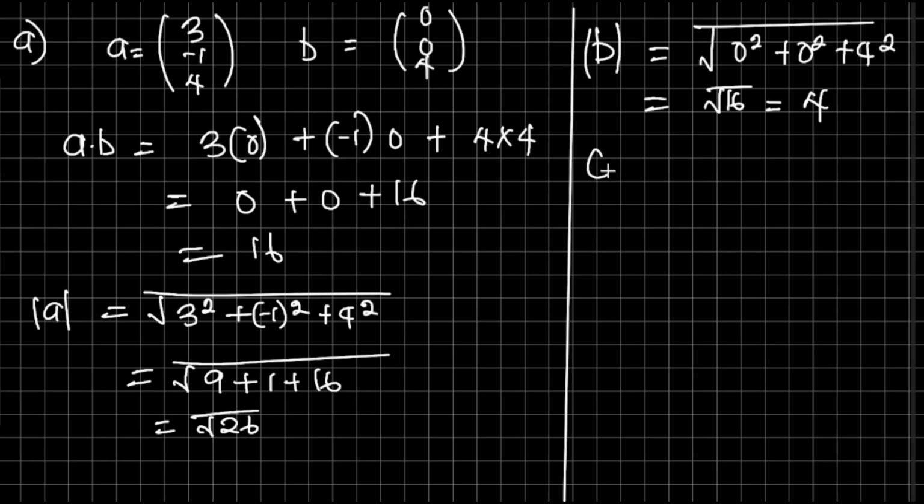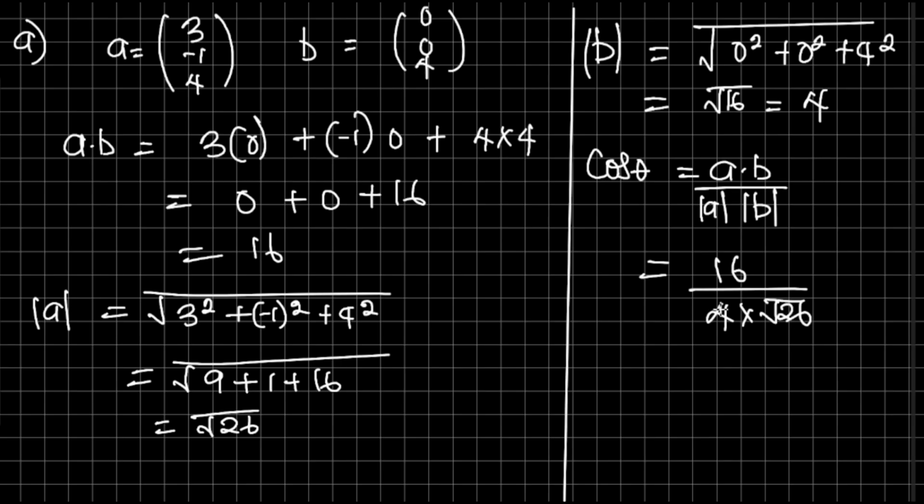So therefore our cos theta equals A dot B all over magnitude of A times magnitude of B, and that will be A dot B, which is 16, all over 4 multiplied by square root of 26. 4 here, 4 here, that is 4 all over square root of 26. Okay, so cos theta equals, what is 4 divided by square root of 26? So that's 0.7845.